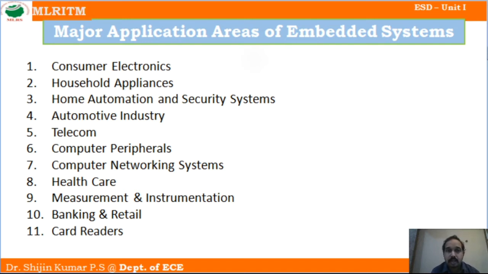The first one is consumer electronics, consumer electronic products, household appliances, home automation and security systems, then automotive industry, telecommunication, then peripherals, computer networking systems, healthcare management systems, then measurement and instrumentation, then banking and retail, then card readers.